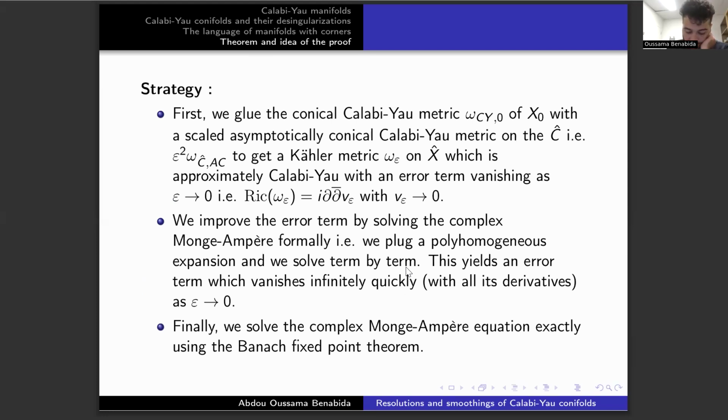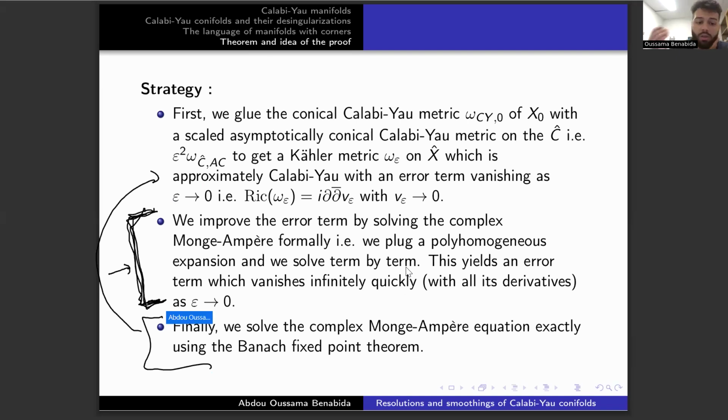So this step is actually not necessary. We can directly apply the Banach fixed point theorem here, but we do this to make sure that we have the right expansion that we want. We make sure that we actually have a polyhomogeneous expansion.